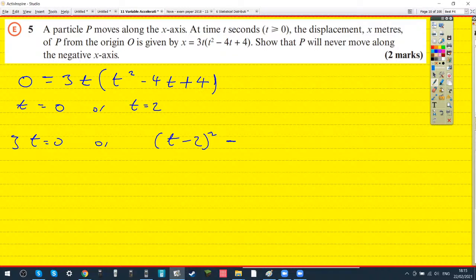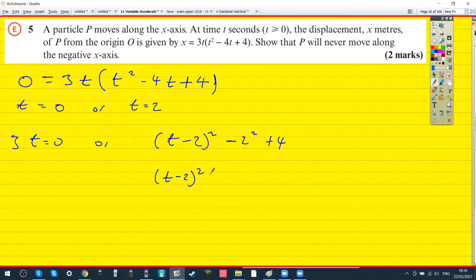So that's minus 12. And minus 2 squared plus 4. So it's literally just t minus 2 squared.